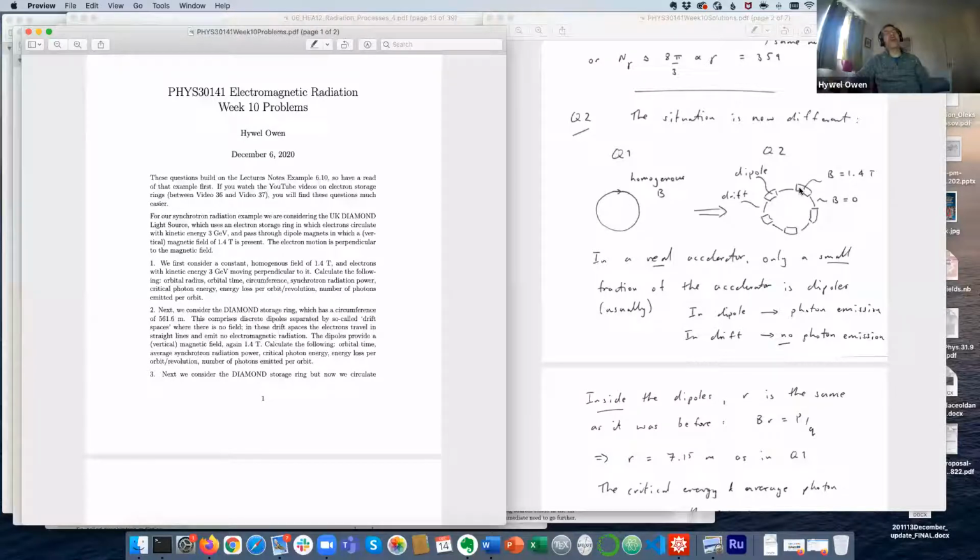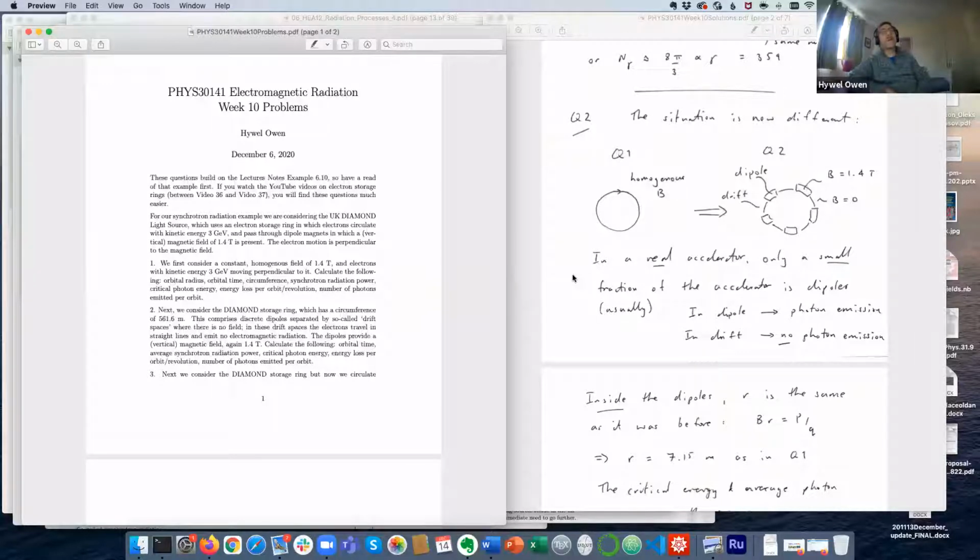Now, there are some extra little bits and bobs. The magnetic field doesn't fall immediately to 0 at the end of the dipoles, and there are other devices in between each dipole and the following one. There are quadrupole magnets and other magnets, but these don't emit a significant amount of synchrotron radiation from the point of view of this calculation. So that's our picture. In a real accelerator, only a small fraction of the accelerator actually contains dipoles, and that's usually the case.